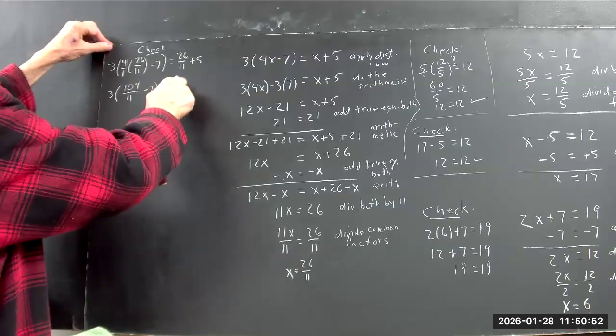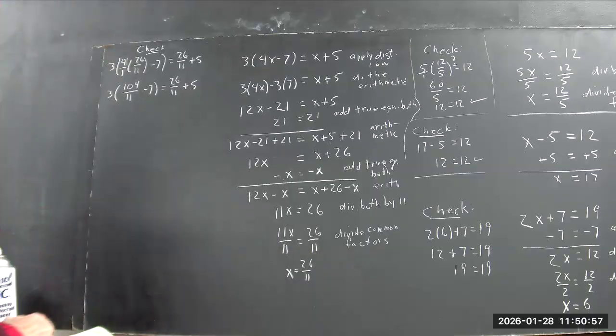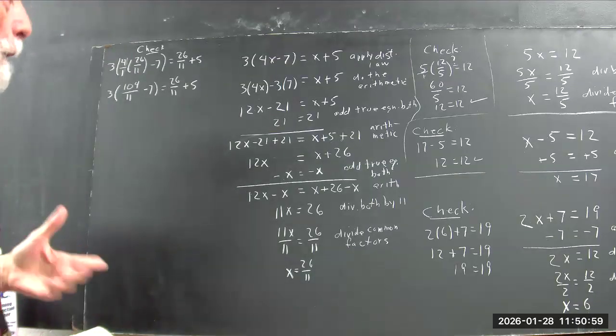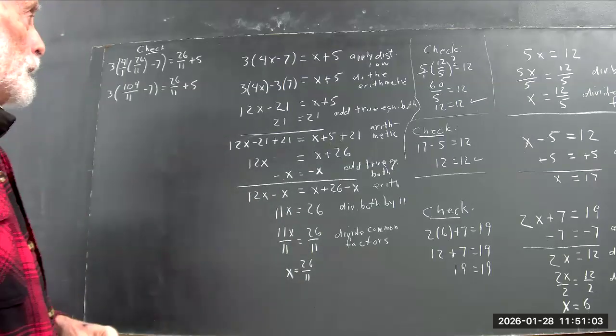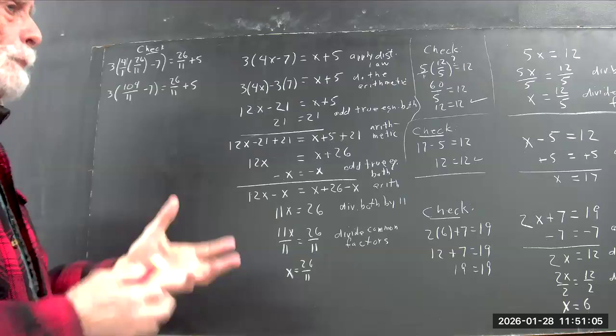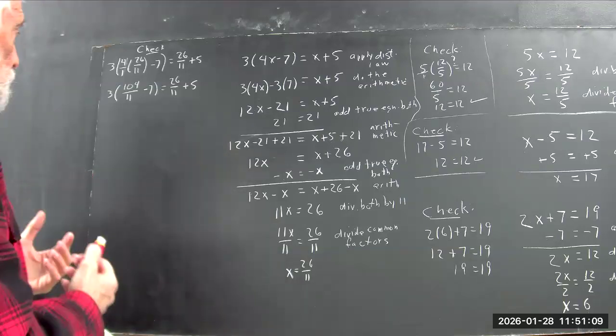On the right-hand side, we'll keep things 26 over 11 plus 5. Now, at this stage, people tend to want to put everything over the common denominator 11, because, of course, that's how you add fractions. And that's a perfectly good instinct, but you don't need to do that when you have an equation. We'll see that after the next step.